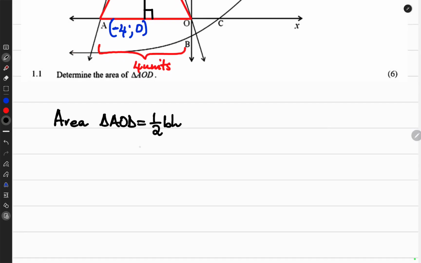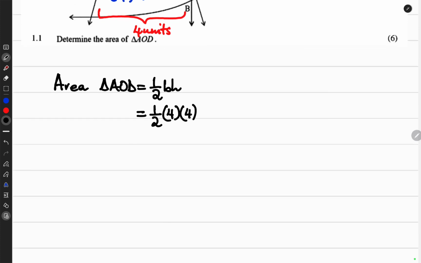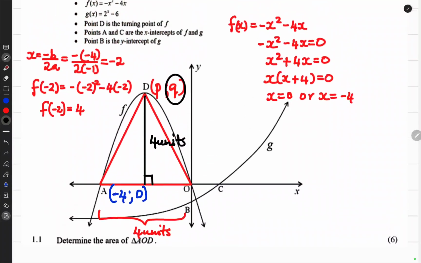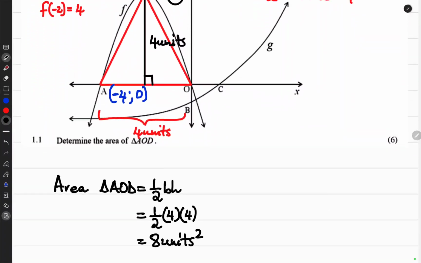So half, the base there is 4 and the height is 4. So this is 8 units squared. And that's the answer for 6 marks for all of this.